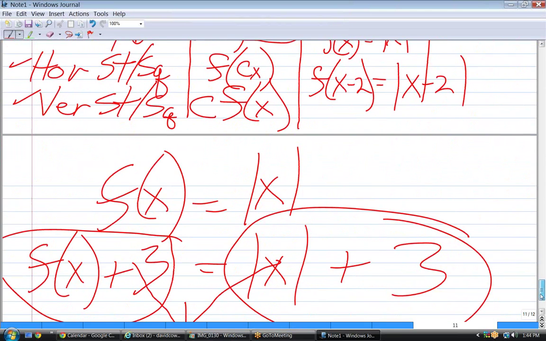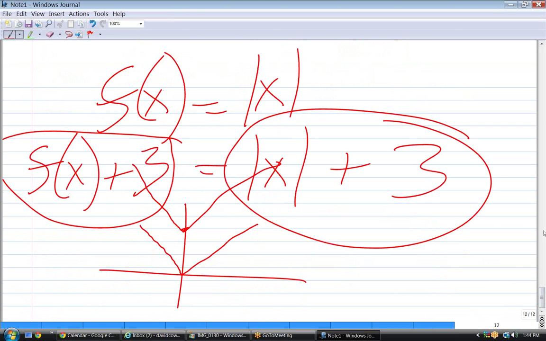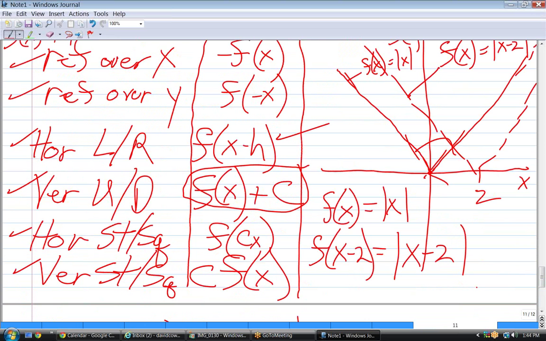All right, let's talk about the last 2 just so we cover them. Not to confuse you, but if we have f of some number times x, in other words, remember f of x is always some elementary function. In our case, f of x is the absolute value of x.